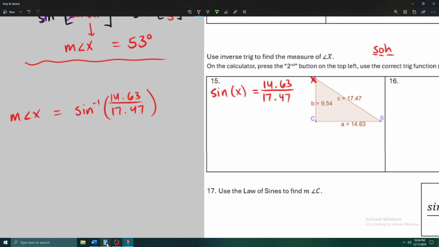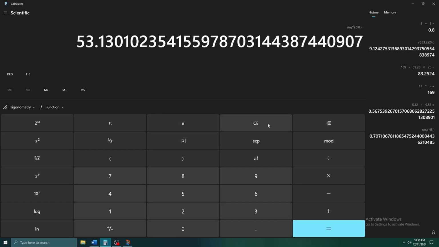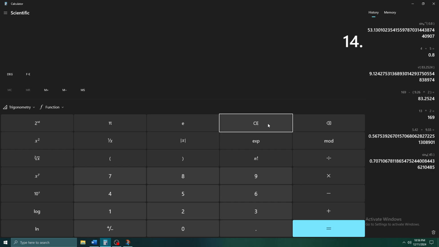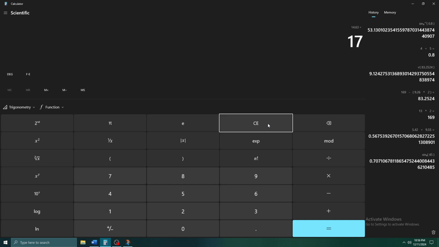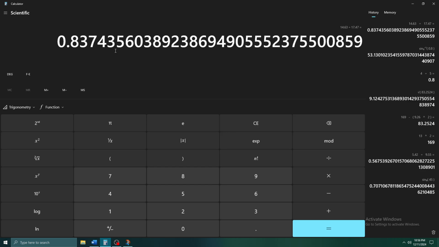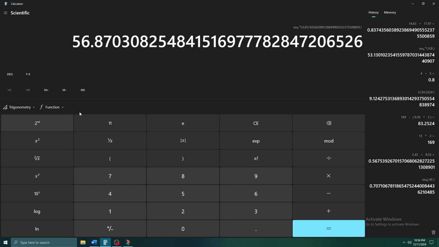So if I throw that into my calculator, 14.63 divided by 17.47, and I take the inverse sine, I get 56.87.